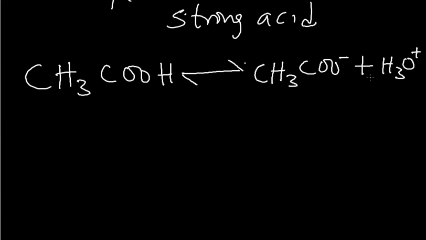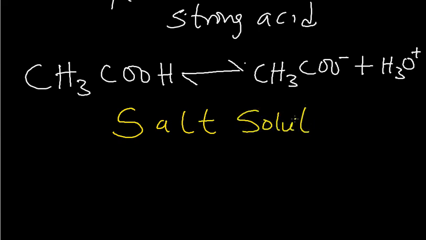Because of that, we can use our understanding of how this works to analyze or measure the pH of a salt solution. Someone will ask a question: does a salt solution have a pH?